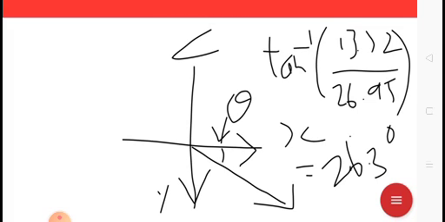So if you get this 26.3, you should mention below the horizontal, the positive x-axis, or below anything. You must have some description at the end for the angle, so that we know which axis this angle is calculated from.